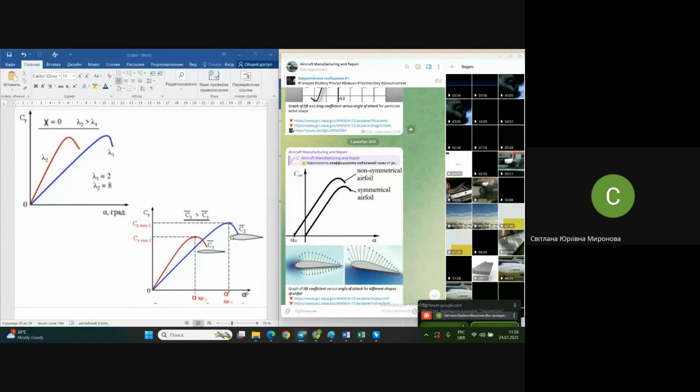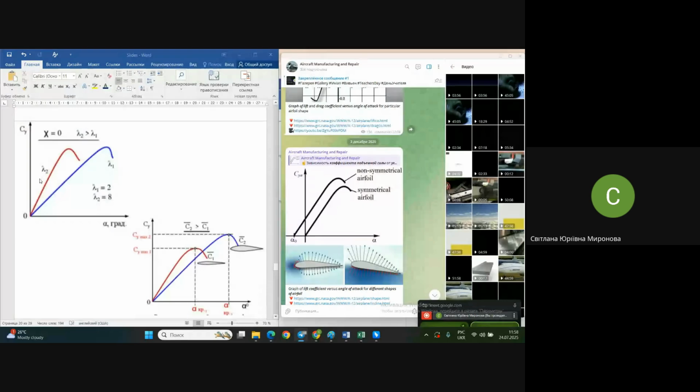And for thicker airfoils, this point is pulled much farther. This point, the separation of the flow, may happen later. So thicker airfoils look like they are more appropriate for big angles of attack. And as a result, they also give higher lift.